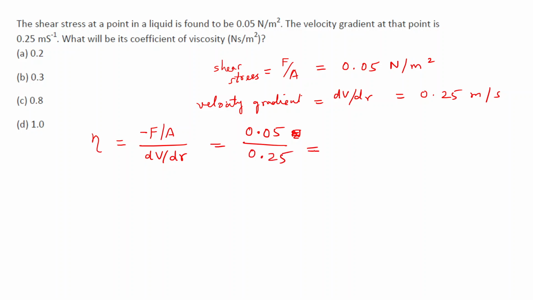So the final answer will be 0.05 divided by 0.25, which is 0.2 Newton second per meter square. So the answer is A.